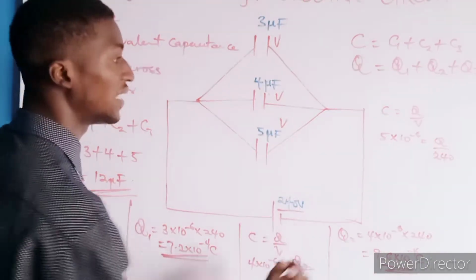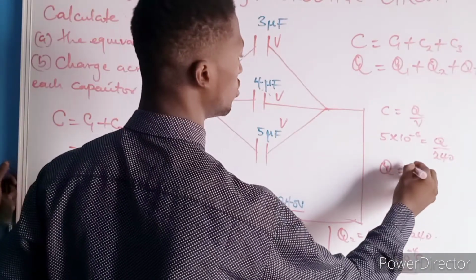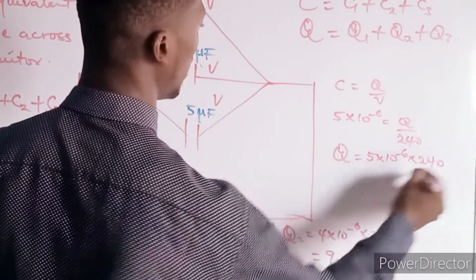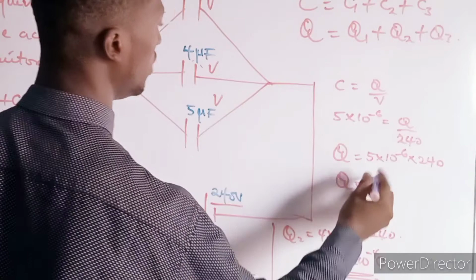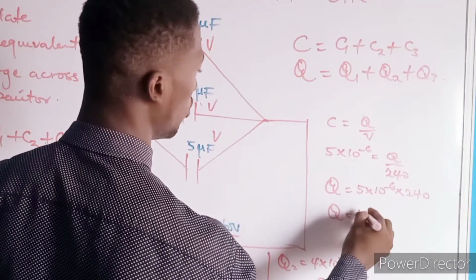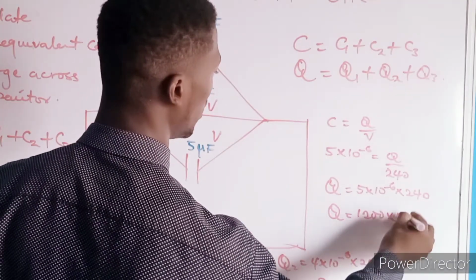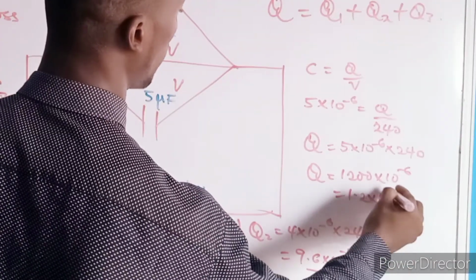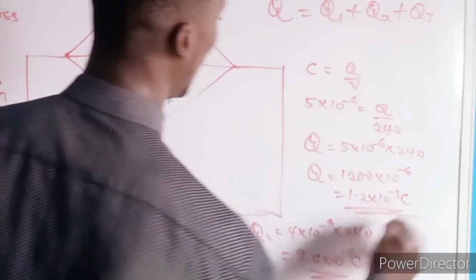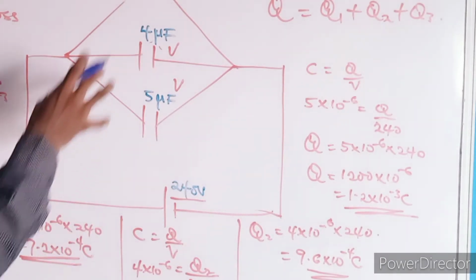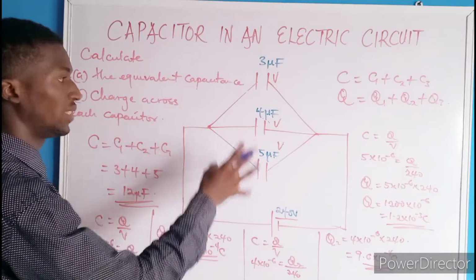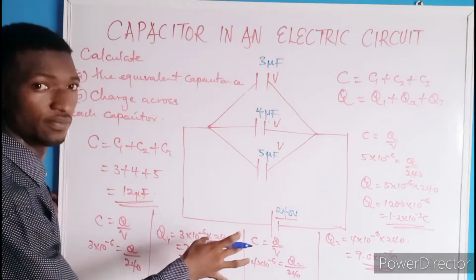So Q is equal to 5 times 10 to the power minus 6 times 240, and here Q is 1200 times 10 to the power minus 6, and that's going to give us 1.2 times 10 to the power minus 3 coulomb. So these are the charges that are going to flow through each of these capacitors when they are connected in parallel like this.